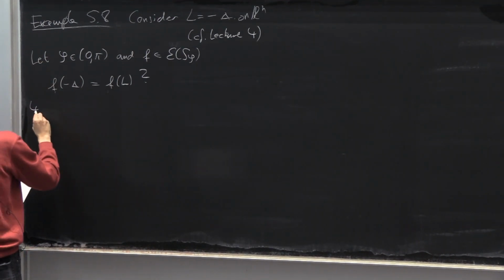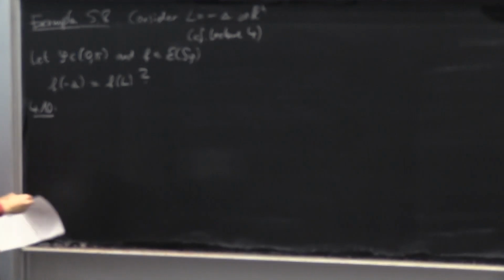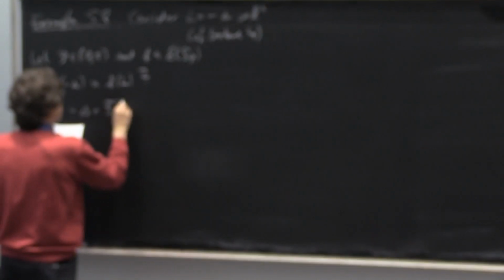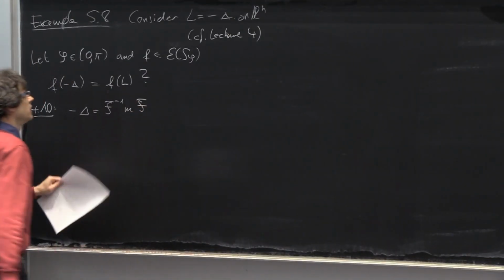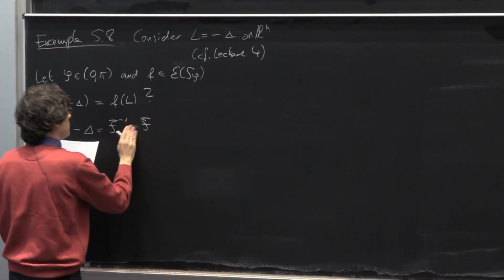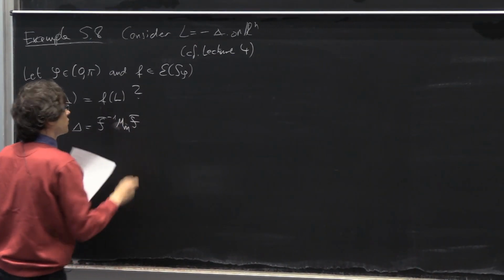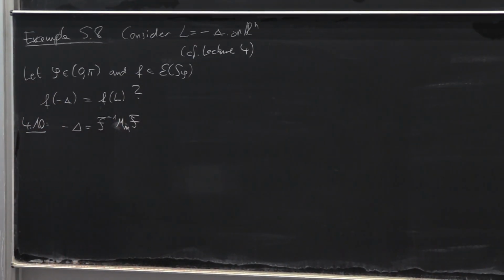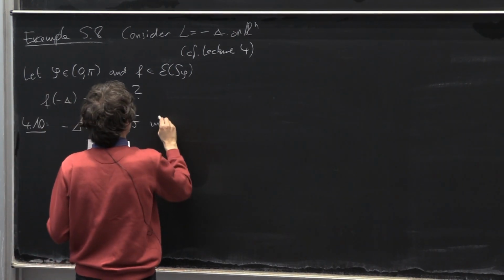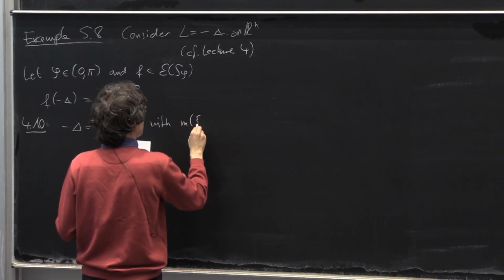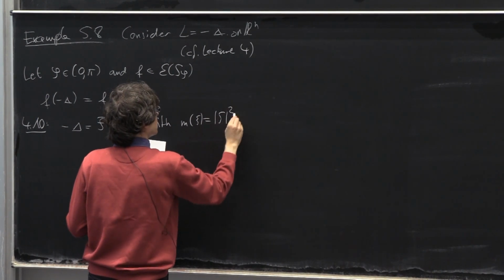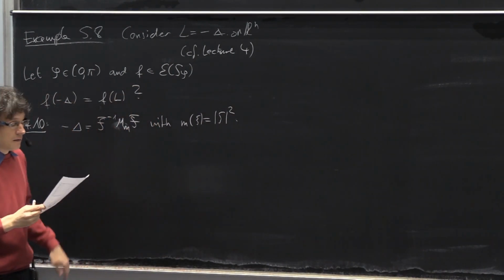So how was f of minus Laplace defined in the fourth lecture? If you look back to 4.10, the main thing was to see that by the Fourier transform, the Laplace operator was equivalent to some multiplication operator with a very easy multiplication function. So m of xi was just modulus of xi squared.